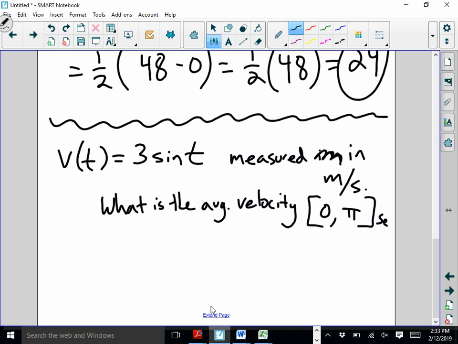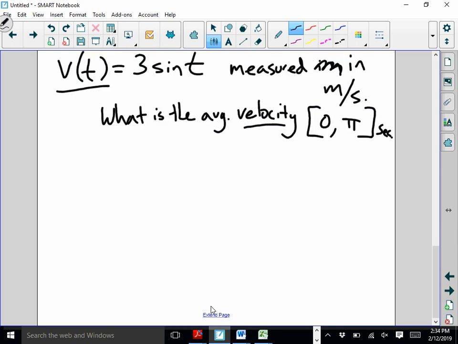Okay, so they want the average velocity, and I already have the velocity function. So whenever what we're looking for the average of matches the function that we have, that's just an average value of a function question. So I'm going to set this up: I'm looking for average value. 0 is my a, pi is my b.